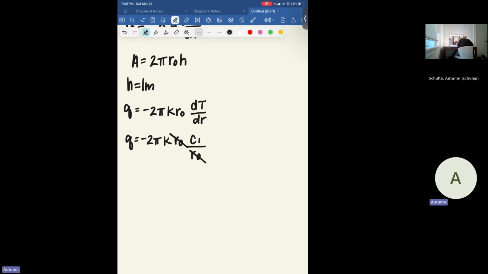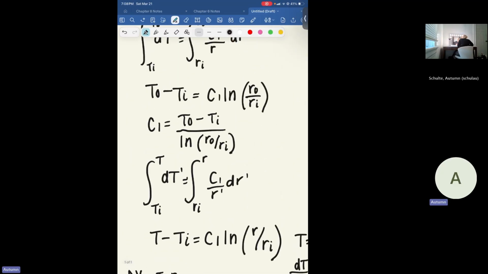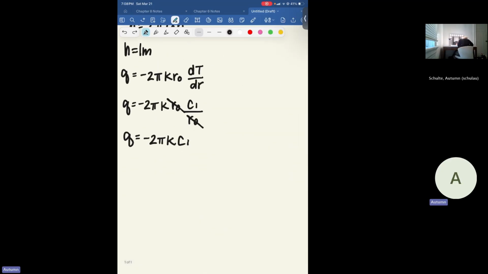As you can see, our outer radius terms cancel, and we're left with Q is equal to negative 2 pi times our thermal conductivity multiplied by C1. Well, we already solved C1 up here, so now we can plug that in. Q is equal to negative 2 pi times our thermal conductivity multiplied by the outer temperature minus the inner temperature divided by the natural log of our outer radius divided by our inner radius.